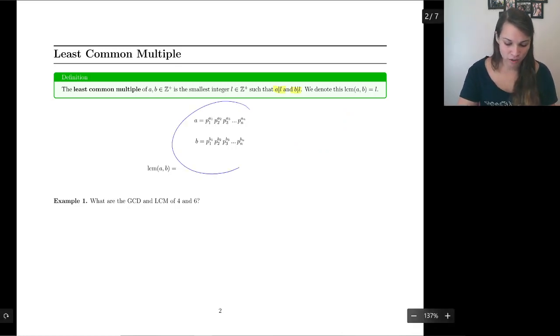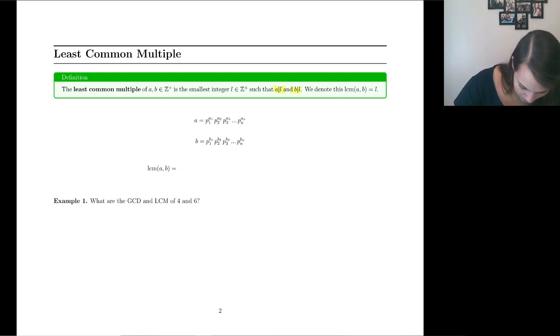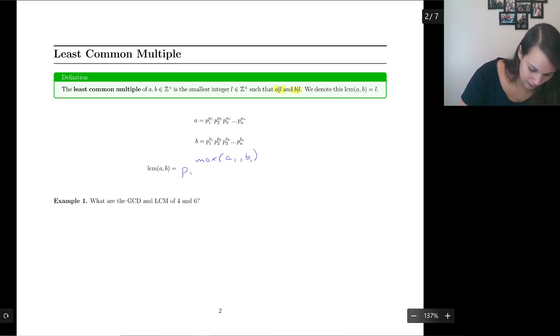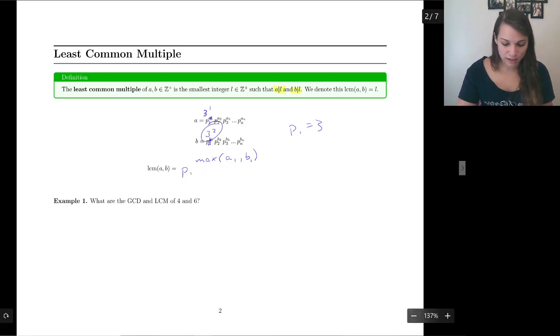So again, if we start with the prime factorization for A and B, now we would go through and take the first prime, and now we're going to pick the maximum power. Because again, let's say that P1 is 3, and we have 3 to the 1 here, and we have 3 squared here, then we know that in the LCM, we could have a 3 squared in there, because if you just multiply A by a 3, then you'll have a 3 squared.